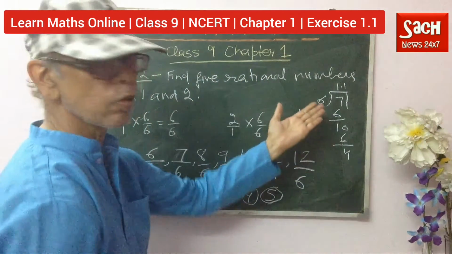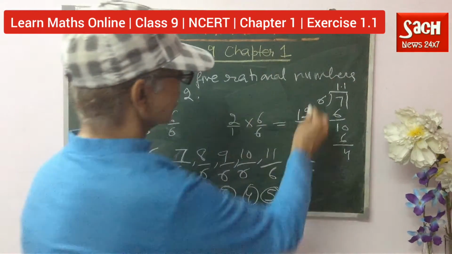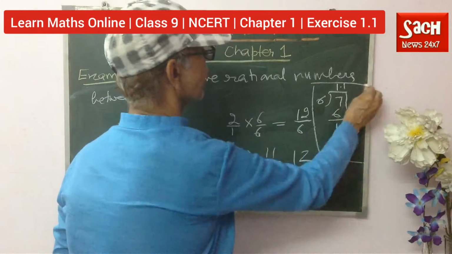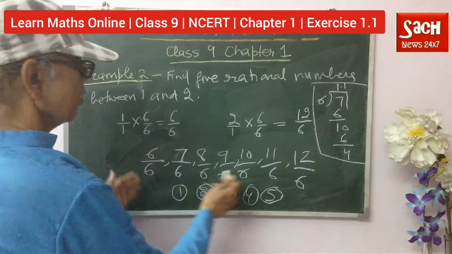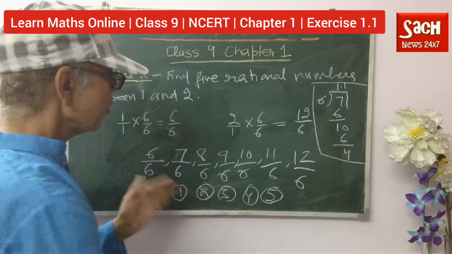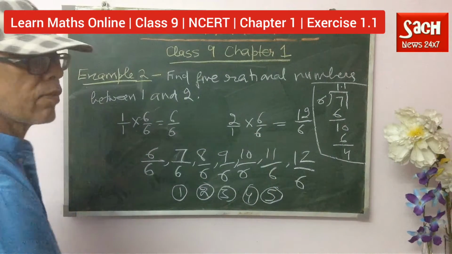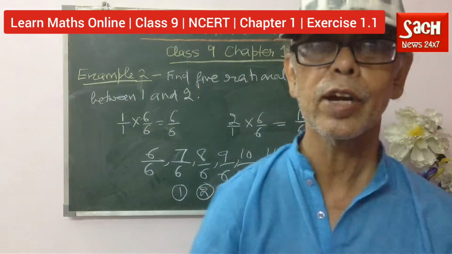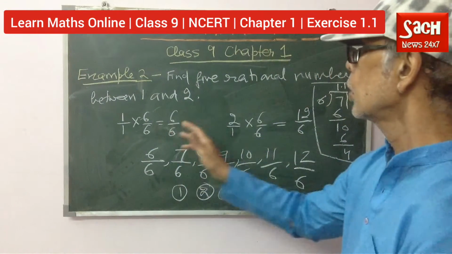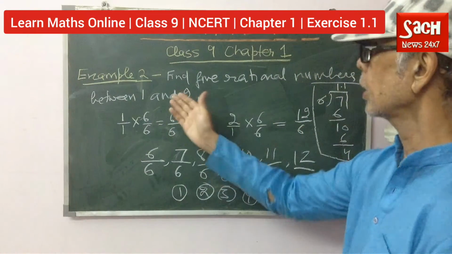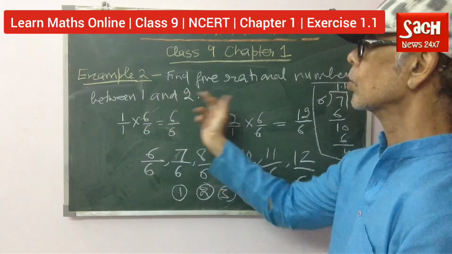You will learn decimal numbers later on, but you can find out whether your answer is okay or not. Similarly, if you divide 8 by 6, again it will come in decimal. So these numbers will be between 1 and 2. It is the simplest way to find a rational number between two numbers, like two natural numbers or two integers or two whole numbers.